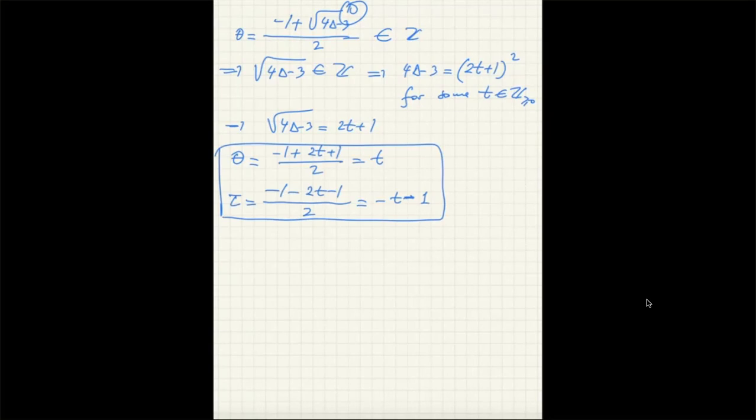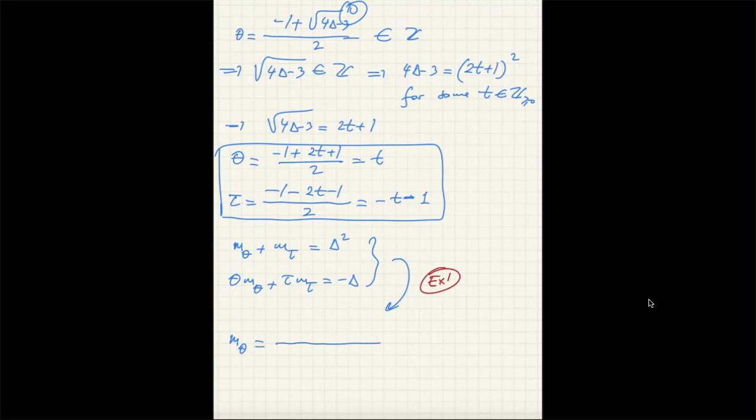And now we just have to do a little bit more work. So we have that the multiplicities add up to delta square, and we also have this other equation involving them. I'll leave it as an exercise; it's not very difficult to get our hands on each of these two parameters, and we can prove that m theta equals tau delta square plus delta divided by tau minus theta.